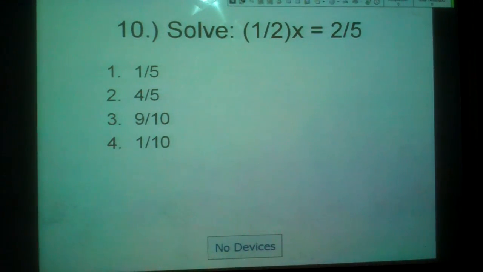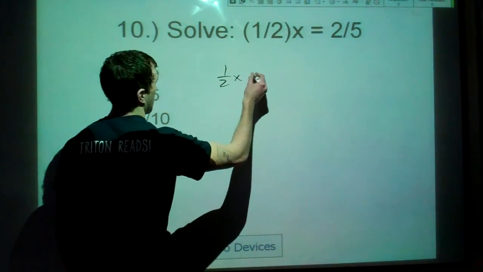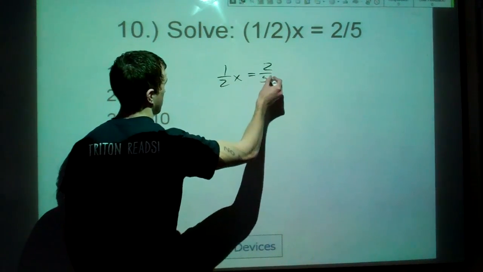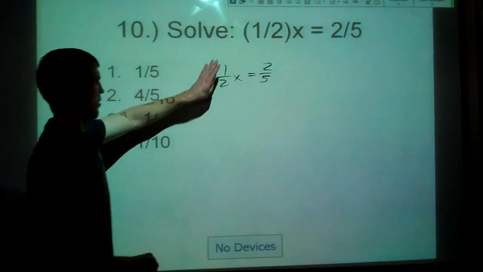Check my time. Okay, we'll go over number 10 quick, and then I'm going to start a part 2 on this. This says 1/2 times x equals 2/5. Okay? 1/2 times x, we've been dealing with inverses. So what's happening to x?